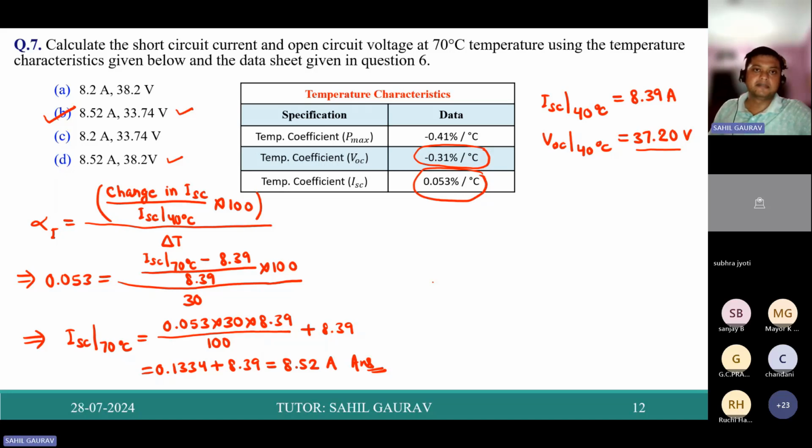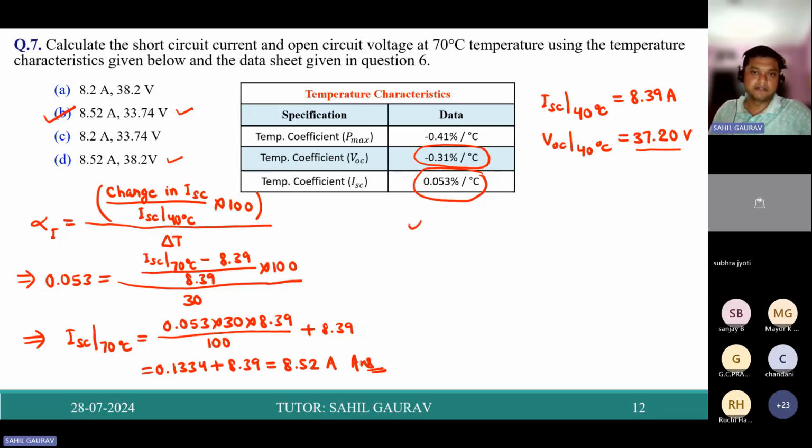Either way, based on the meaning of positive or negative temperature coefficient, you can opt for the correct answer. You can also find it numerically.